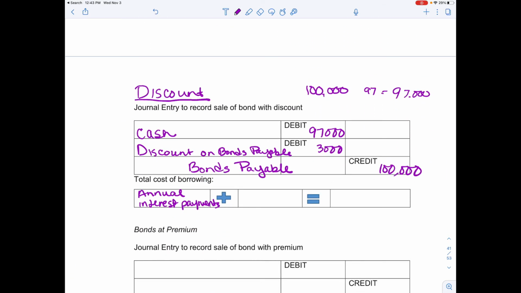We're going to take the annual interest payments plus my bond discount, and that's going to equal the total cost of borrowing this money. Because remember, I still have to pay back that full $100,000.